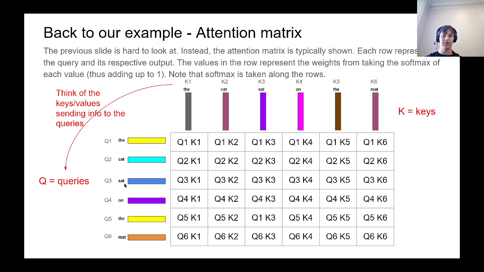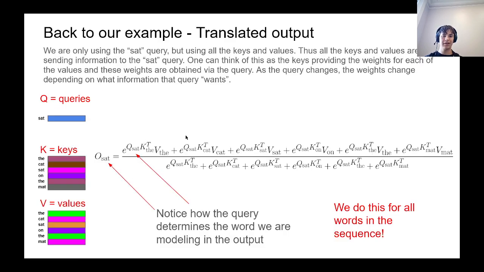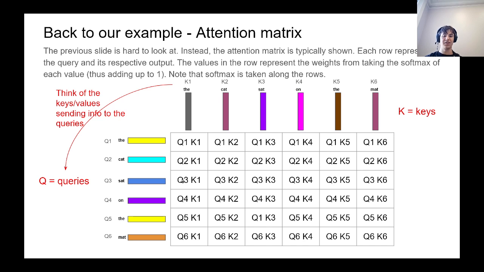This is the representation for all the queries. So this here represents the weights we're creating to combine all the vectors for the word sat. This here represents the weights we're creating for the word cat, and this represents the same for the word the.